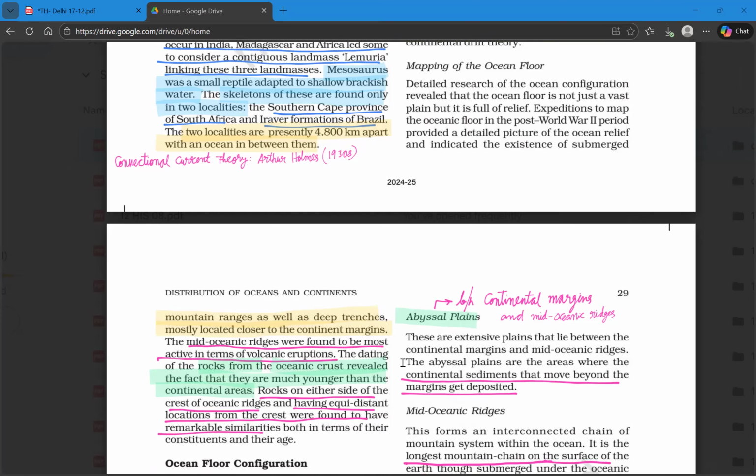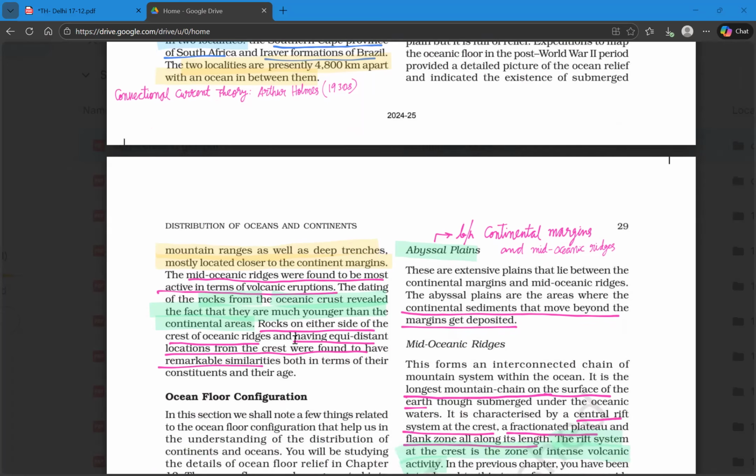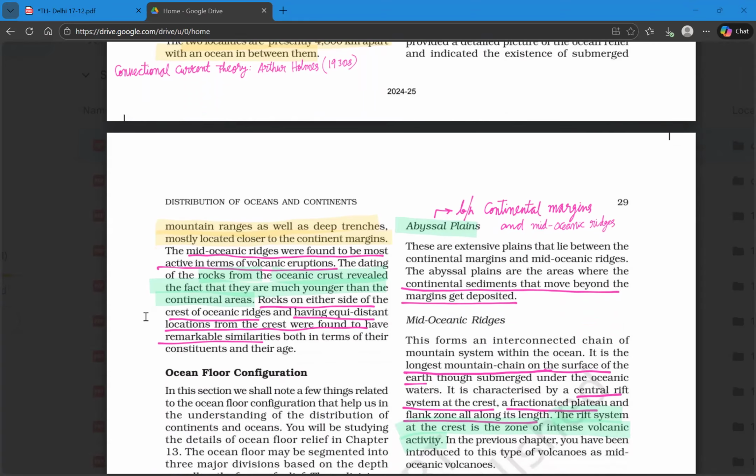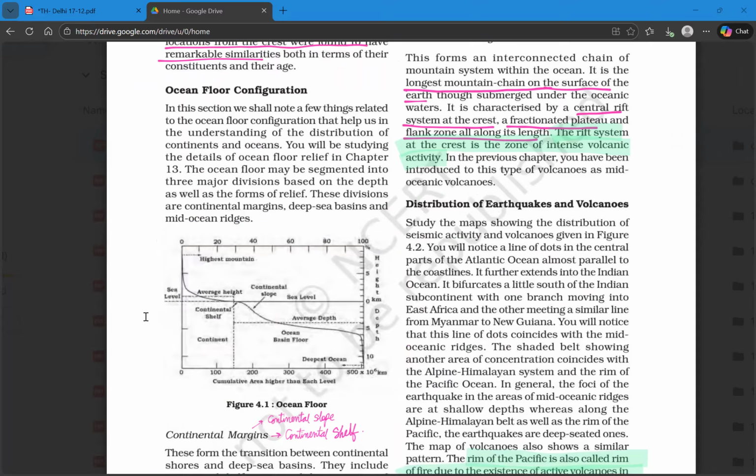The dating of the rocks from the oceanic crust revealed the fact that they are much younger than the continental areas. So, according to the carbon dating of the rocks, oceanic crust is younger than continental areas. Rocks on either side of the oceanic ridge and having equidistant location from the crest were found to have remarkable similarities. What does it mean?